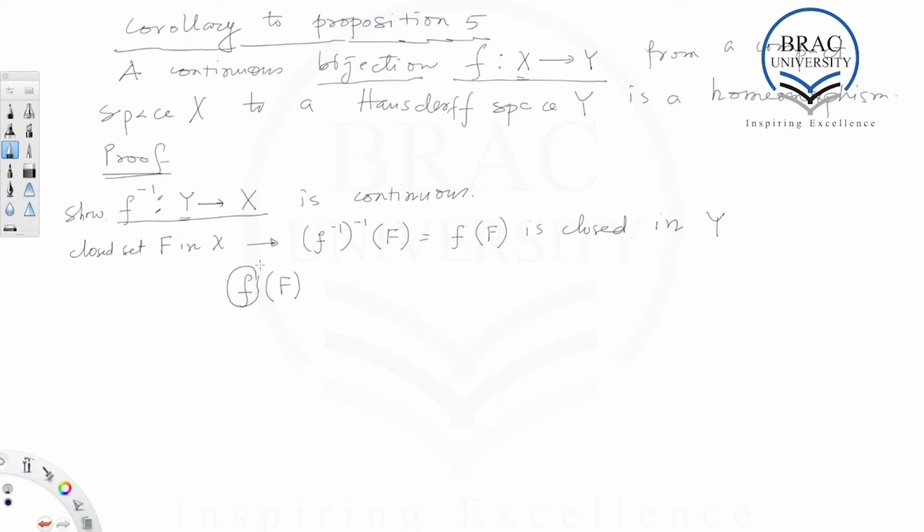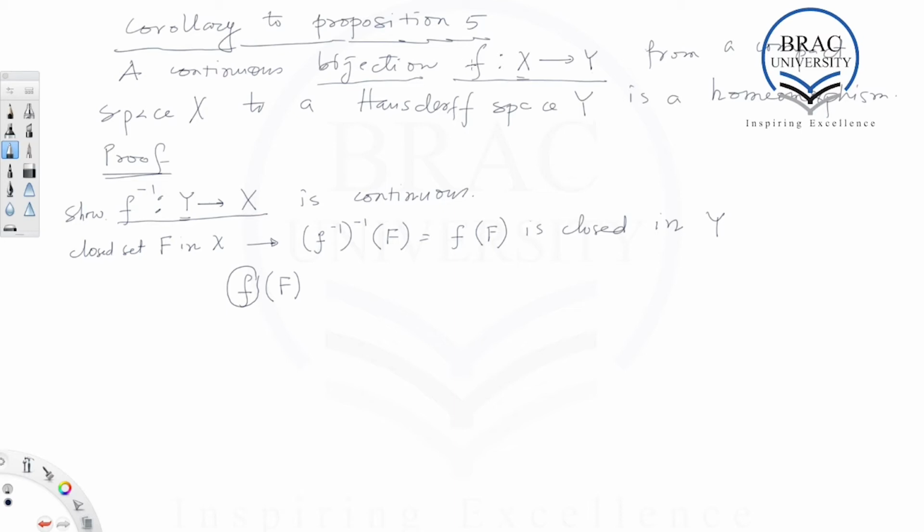So if we prove that this small f is a closed map, then we are done proving that small f is a homeomorphism. Okay. So, but this is the case. This is a closed map by proposition 5, right?